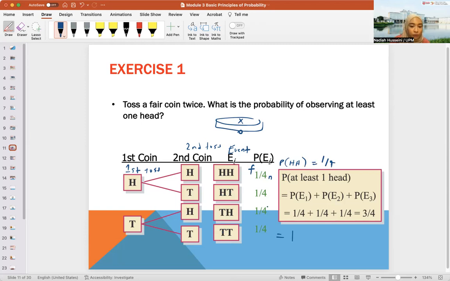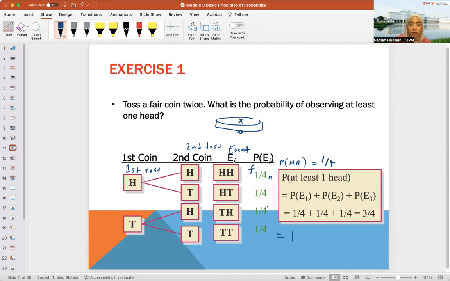Now someone will argue, but Dr., HT and TH look like the same thing. Why can't we make them the same event? We're talking about the first toss and the second toss. So here the order actually plays a role, unless I don't care about the order. Then yes, you can add them together.